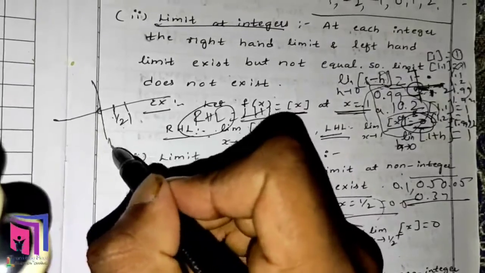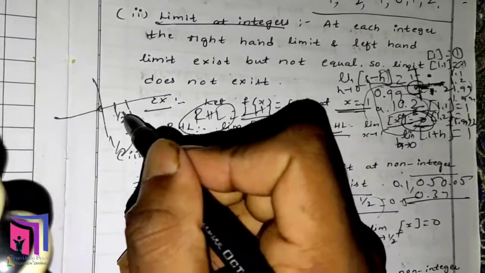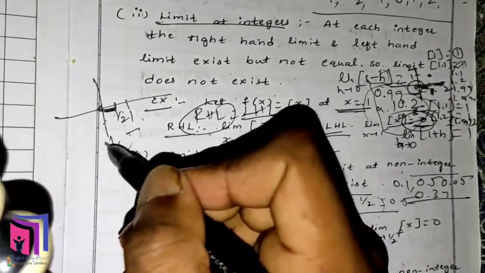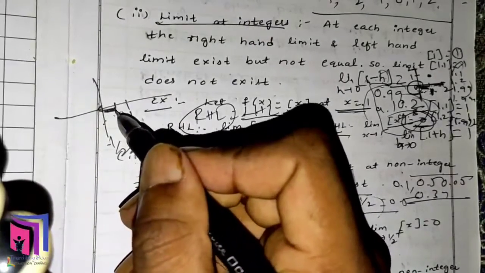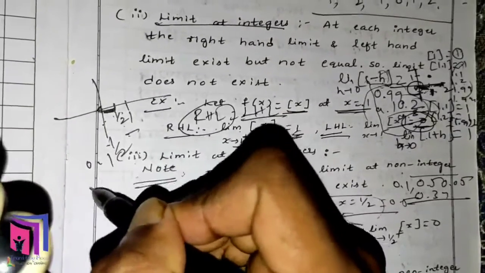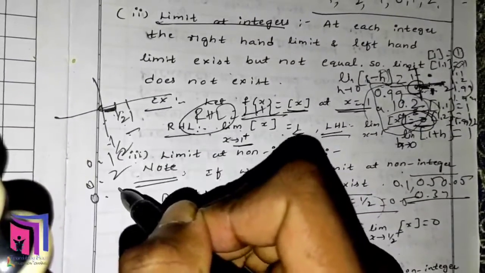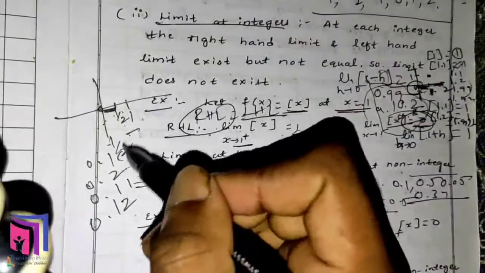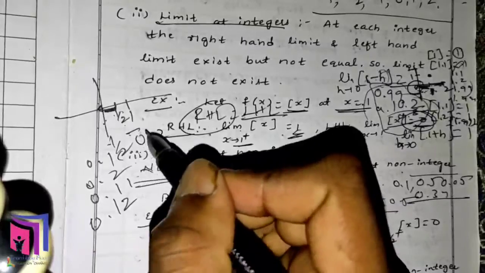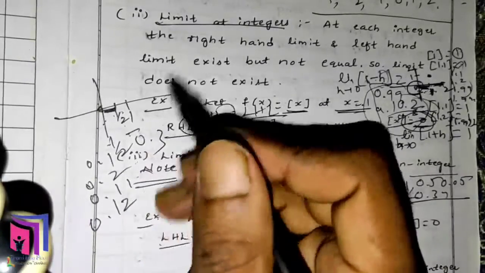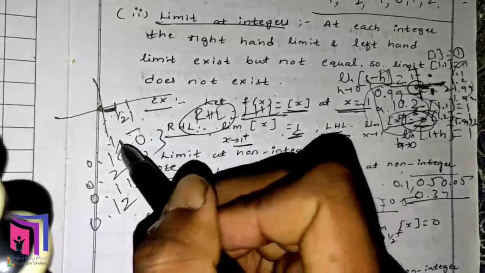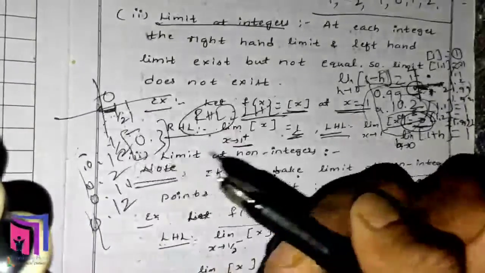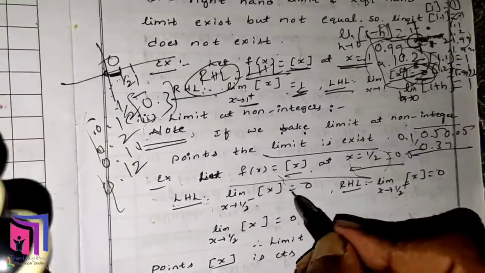Okay, we take 1 by 2 minus, that is, values less than 1 by 2, which means 0.1, 0.2, 0.111, 0.12, 0.3. These all are values less than 1 by 2. What is the greatest integer of all these values? 0 only. Yes or no? Okay, this is the 0.